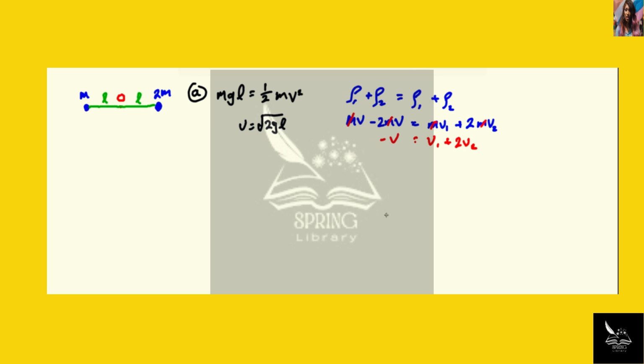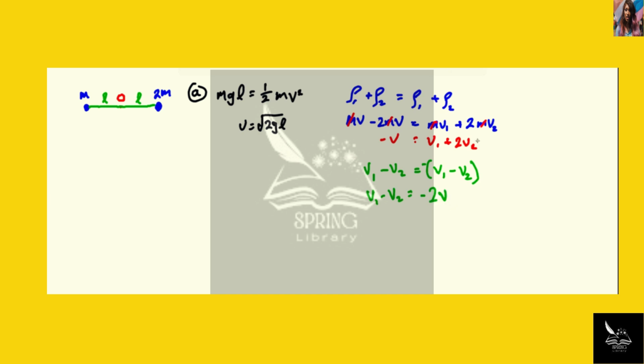Also, from our text, we learned that when we have completely elastic collisions in one dimension, we can write their velocities as v1 minus v2 having to equal v2 minus v1, so the minus v, like so. And so if we rewrite this, v1 minus v2 is going to be minus 2 times v.